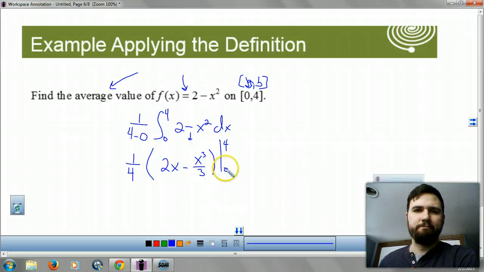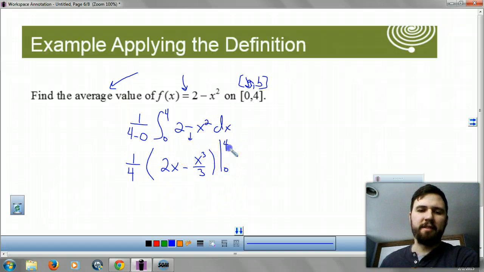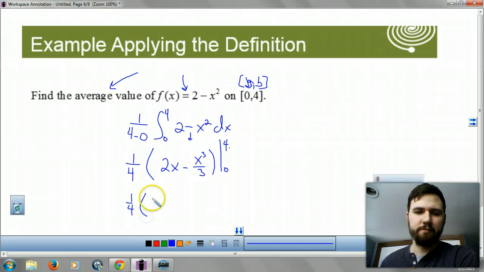Oh well, let's just keep going. What this says is you plug in the 4, and you subtract that from when you plug in the 0.